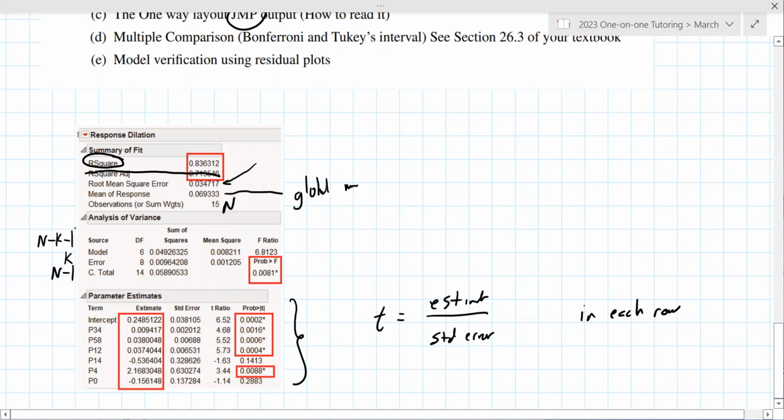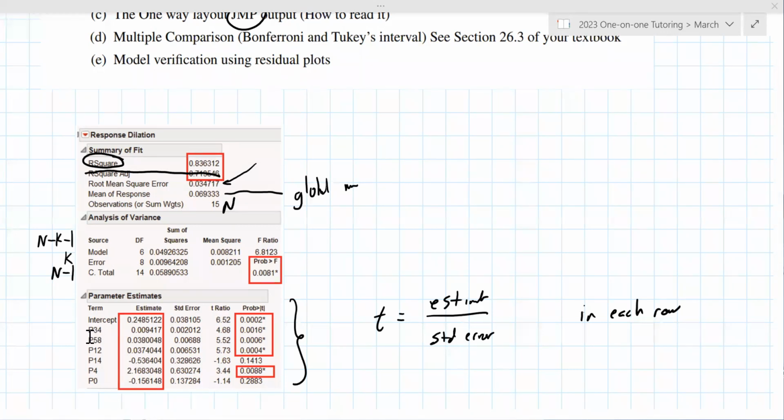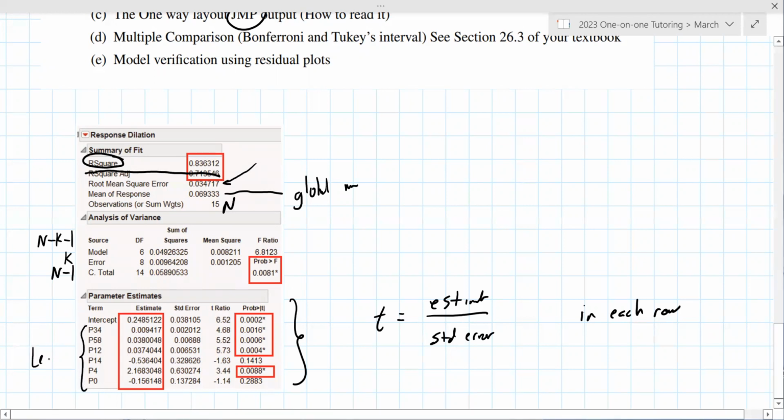Got it. How did K come out? 1, 2, 3, 4, 5, 6. The number of levels, P34, P58, each of those; the intercept doesn't count as a level. These are the levels, or the treatments, depending on how you're doing it.